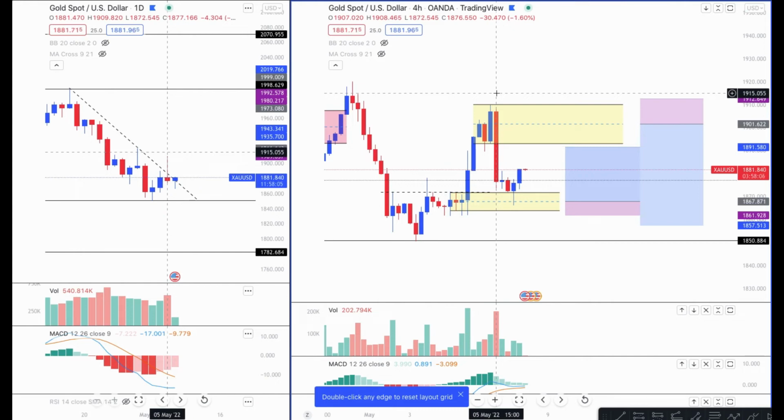Because if we have a particular setup that works, let's say 6 times out of 10, but we don't take all 10, if we don't roll the dice 10 times, we can't expect our 60% win rate to occur. This is why I always like to say, let's take every single possible setup that occurs as long as it meets our criteria and our trading plan.